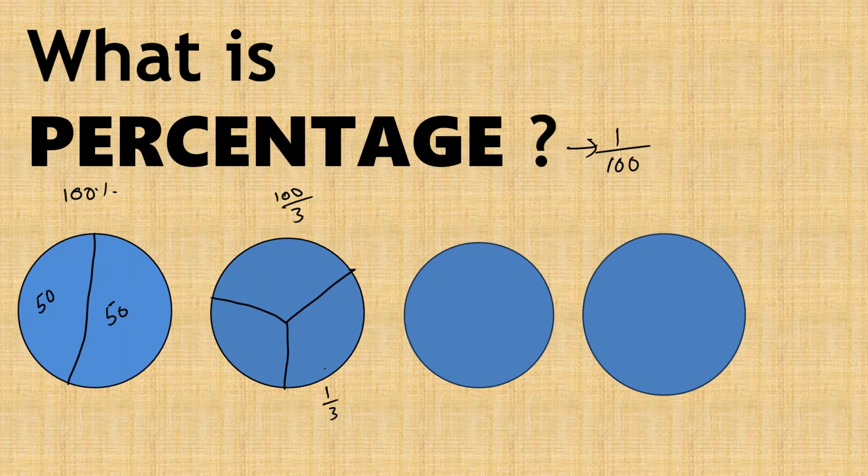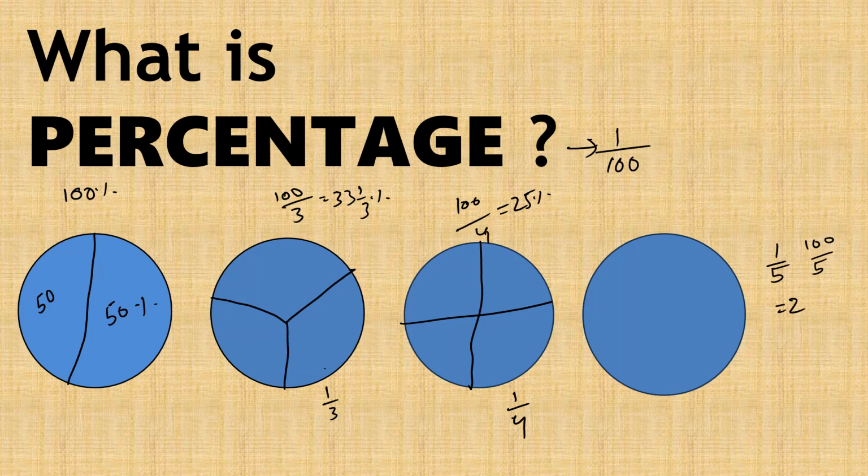If you divide it into four parts, one part is equals to 1 by 4th of it, or 100 by 4. You can write it in the fraction form, that is 25%, and this as 33 1 by 3%, and this as 50%, and divide it into 5 parts. It would be written as 1 by 5 or 100 by 5, which is equals to 20%.